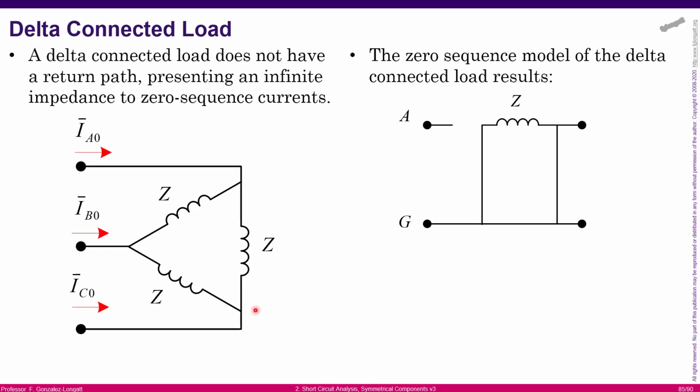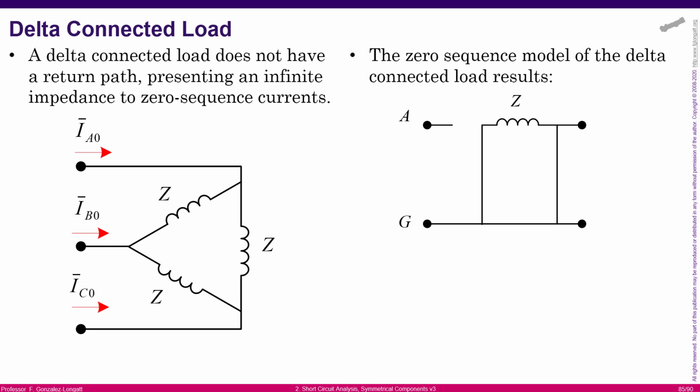Finally, here we have a delta connected load. The model is extremely simple. I think all my students can see that if we have a delta connected load, there is no possibility of having zero sequence line currents, okay?